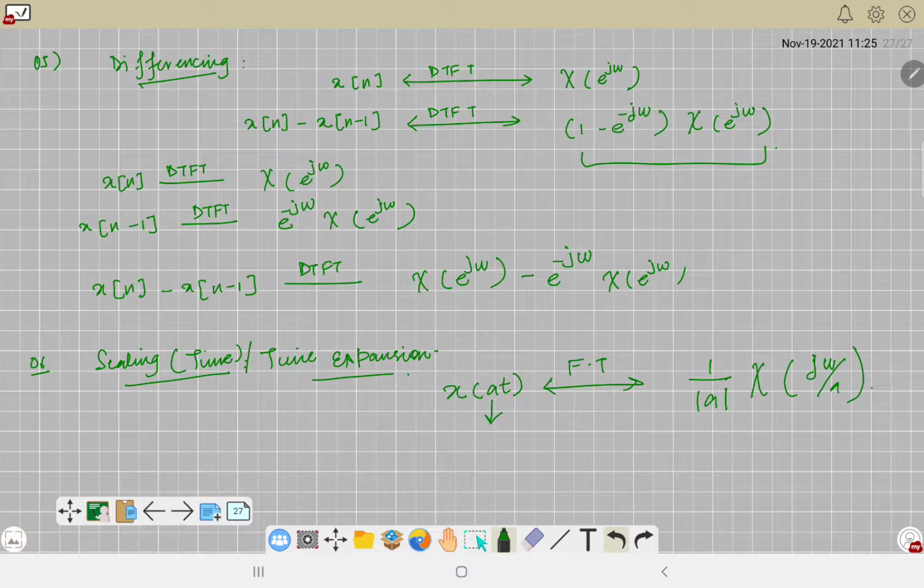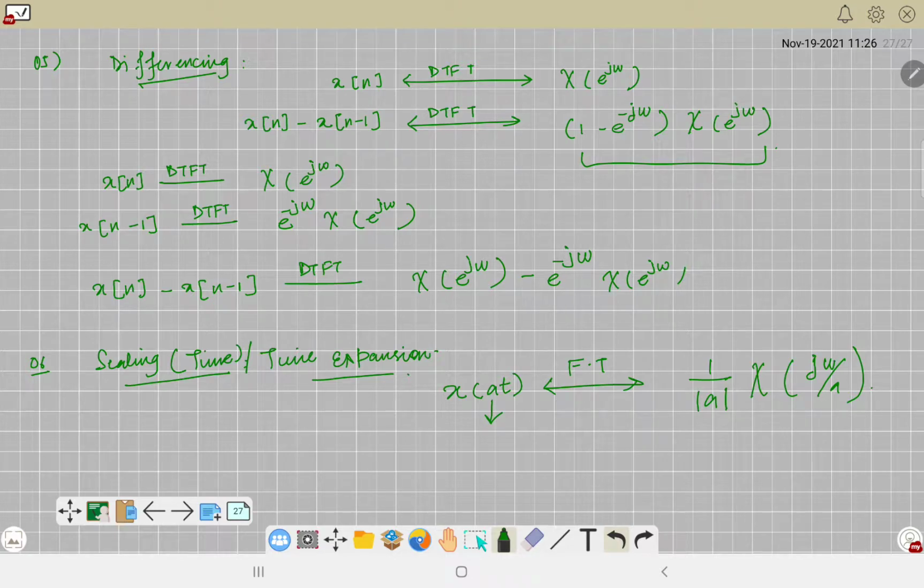And that is something we don't want, because if you are trying to analyze a signal, here analysis means transferring from the time domain to the frequency domain, you will definitely want to have the signal in the time domain intact, right?